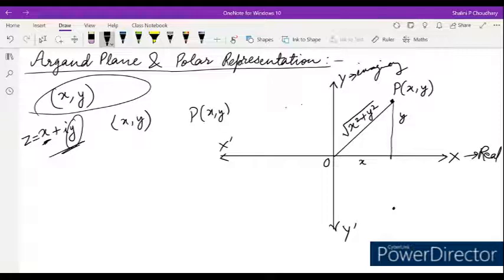Now if we take one more point, first of all we have to find out the distance of OP, where O is the origin and P is the point. So the distance of OP will be equal to the square root of x square plus y square. Why? Because we are finding the distance between O and P, which is the modulus. So that will be the square root of x square plus y square, and that is equal to the modulus of z.